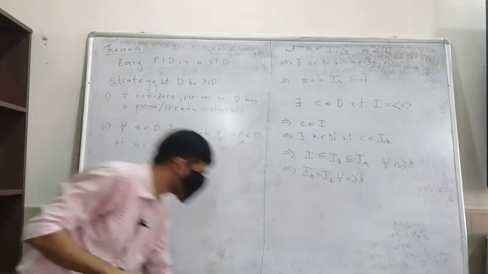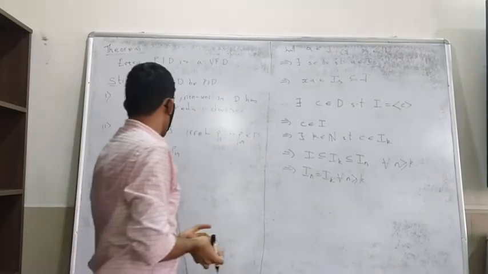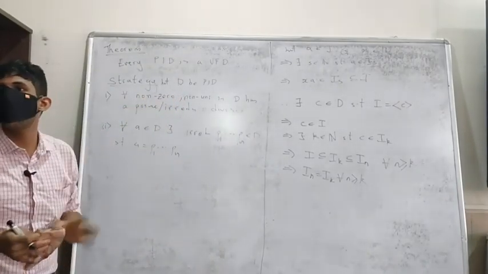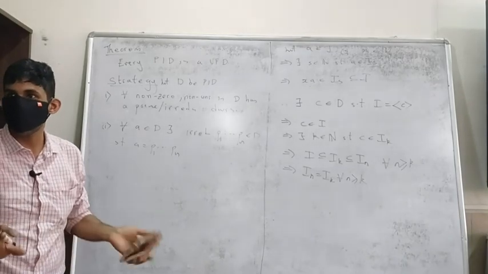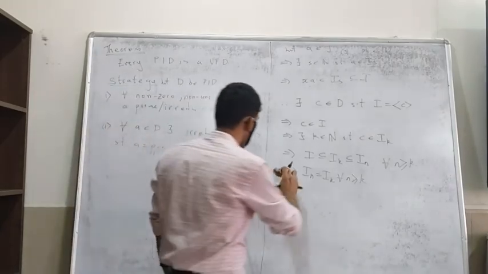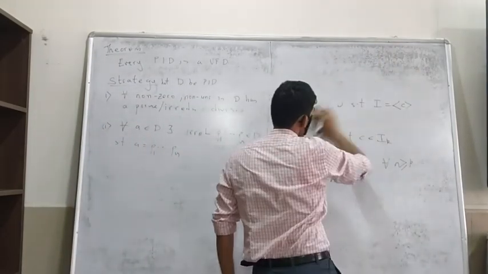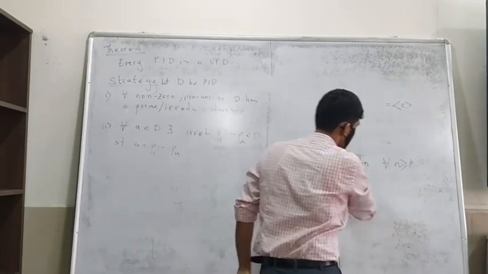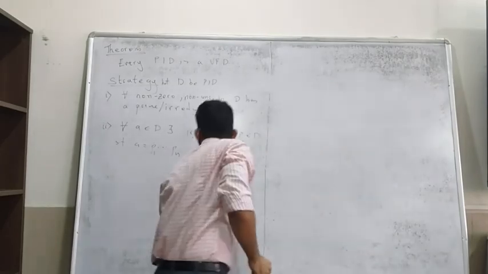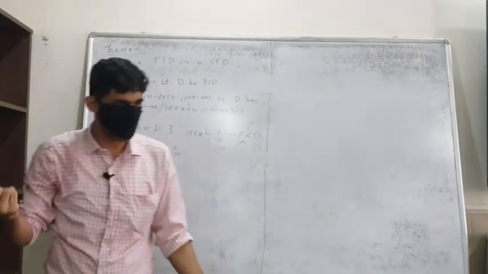So the construction is like this. I assume that there is an element which has no prime divisor and get a contradiction. So suppose A has no prime divisor. I am not writing properly, so don't copy. If A has no prime divisor, that means first of all, A cannot be a prime or an irreducible.